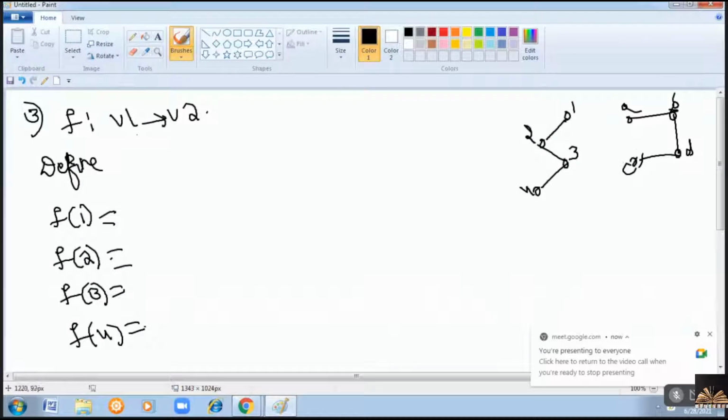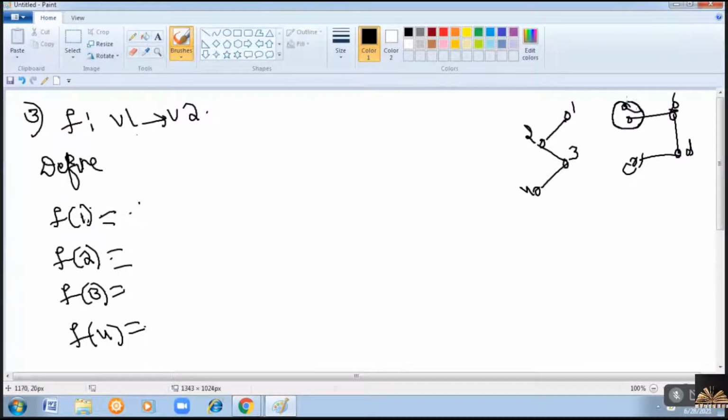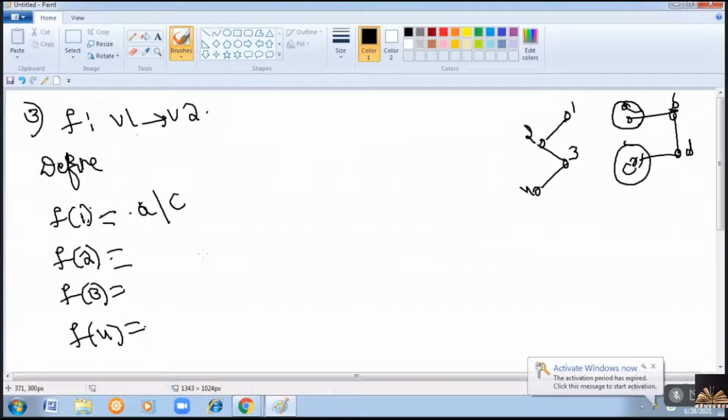Now, which vertices in the second graph have the degree 1? So f of 1 should be equivalent to a vertex which has degree 1 in the second graph. Now in the second graph you have A with degree 1, and C with degree 1. So f of 1 can be either A or C.